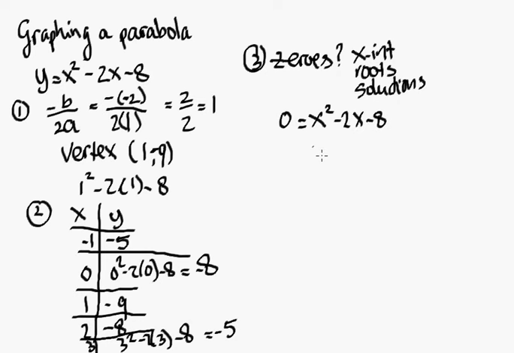Well, this one looks like a nice little factoring problem. If I make it x minus 4 times x plus 2, then I can solve this pretty quickly with x is 4 here, and x is a negative 2 there. So you can see that those would be my next 2 spots in my x and my y table. And at this point, I'm pretty much ready to go ahead and graph it.